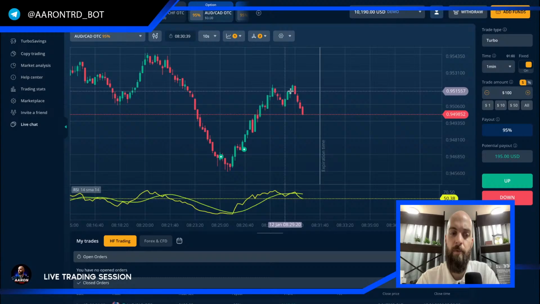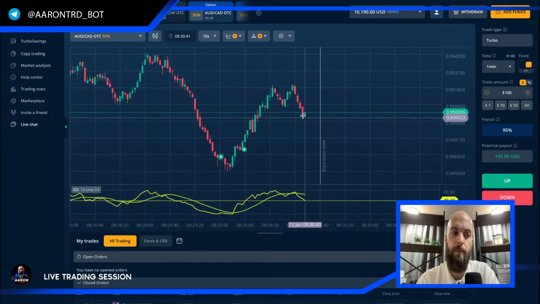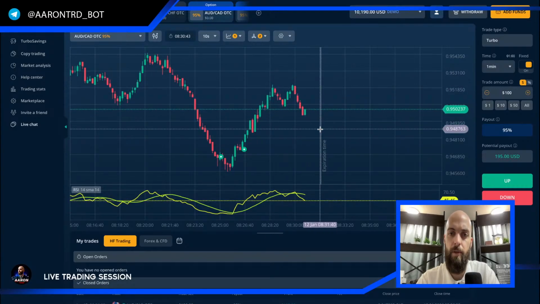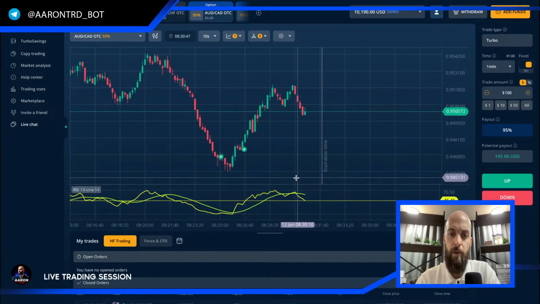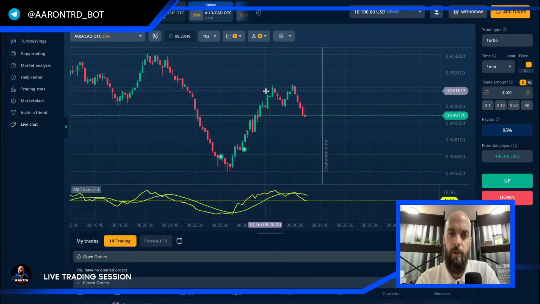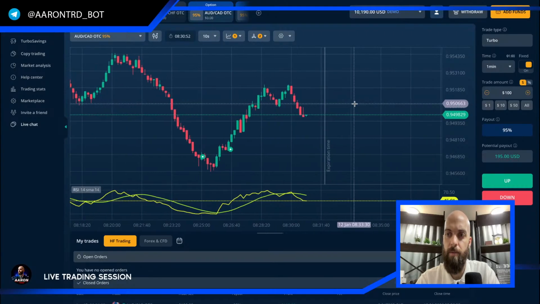We got a double top forming. So that was a pretty good trade right there. And we had the cross and some divergence, but I wasn't able to make this trade.